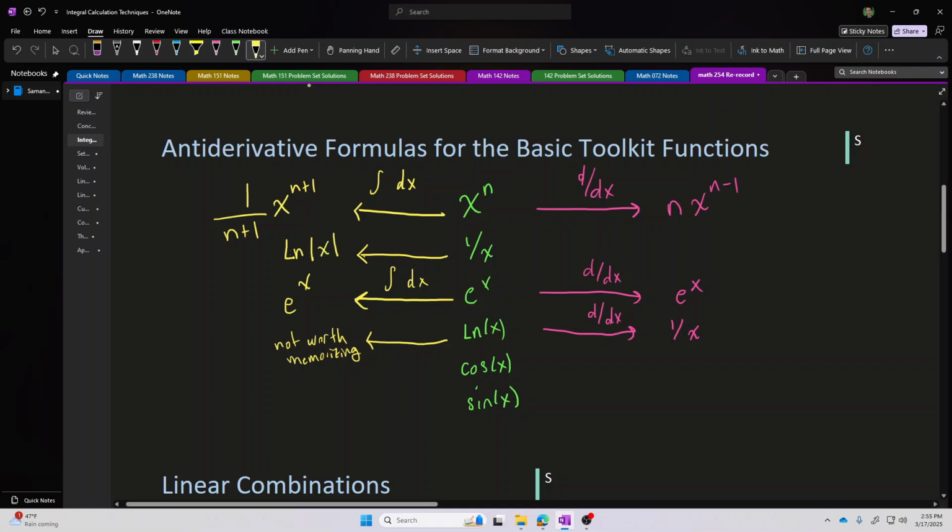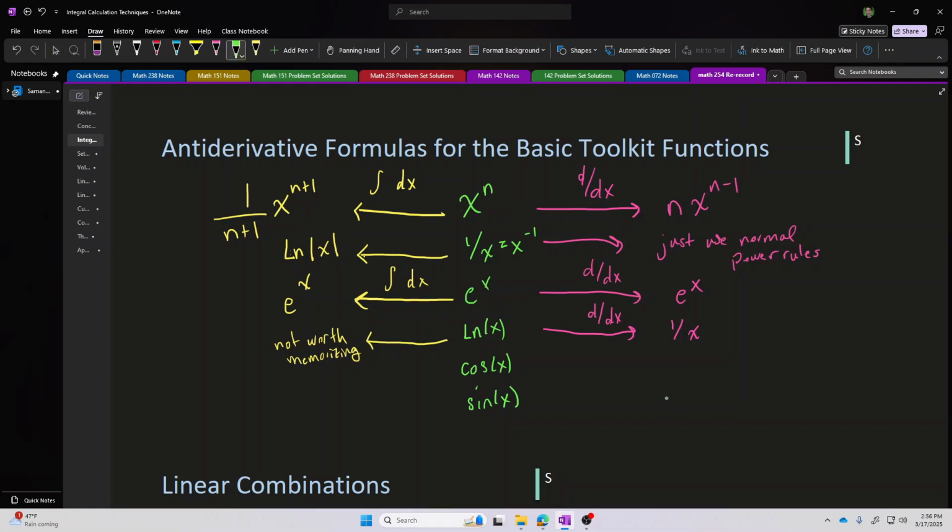So what we can see is that the antiderivative of 1 over x is backwards to the relationship of the derivative of natural log of x. Notice that when it comes to integration, we do have to deal with 1 over x separately than x to the other powers, because 1 over x corresponds to an exponent of n equals minus 1, which means that n plus 1 would be equal to 0. And therefore, this formula would be invalid for that one specific exponent because you cannot divide by 0.